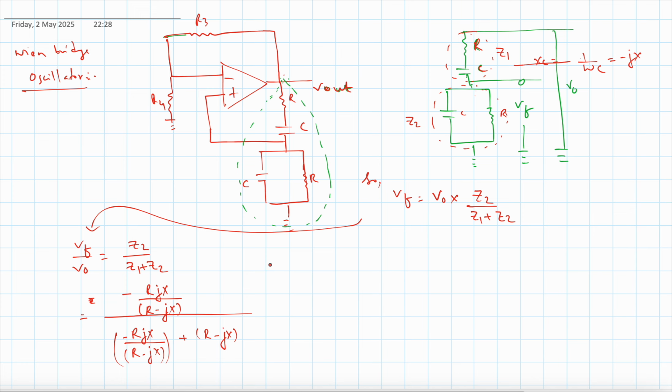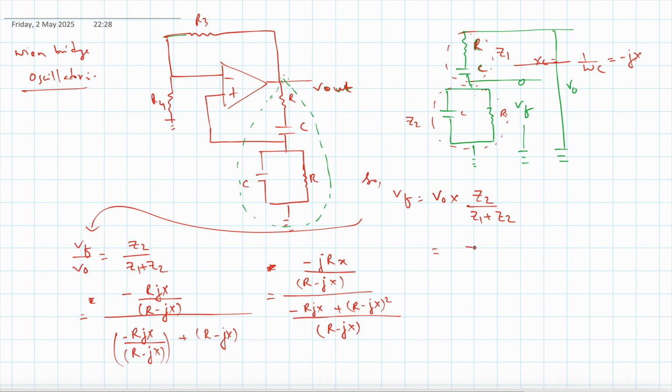Now further simplification, minus JRX, R minus JX total divided by this will be R minus JX minus JX plus R minus JX square.